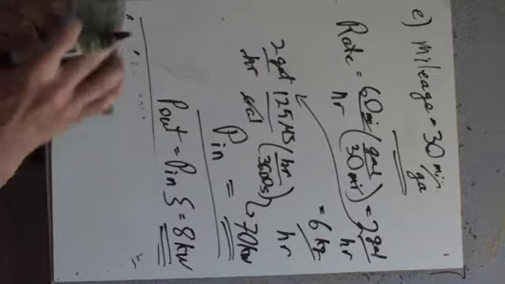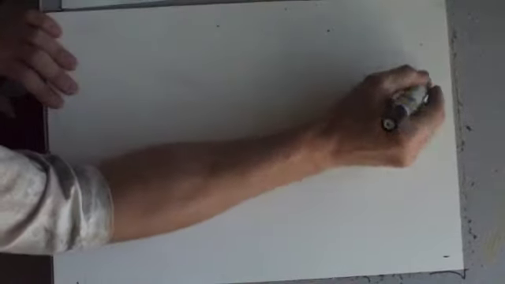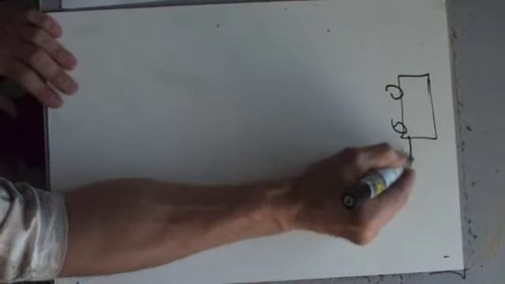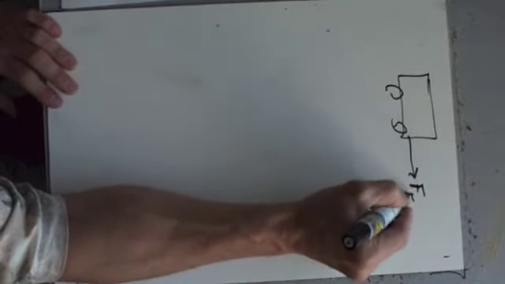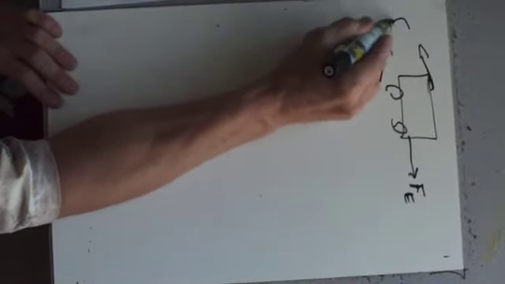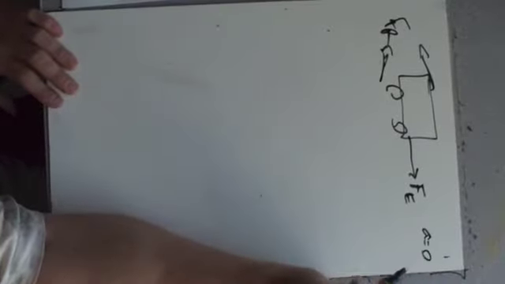Lastly, let's take this 8 kilowatts and use it to calculate the force on the car. Because again, when we look at the car driving along at constant speed, the force of the engine must equal all of this resistance force, because the acceleration is equal to 0.